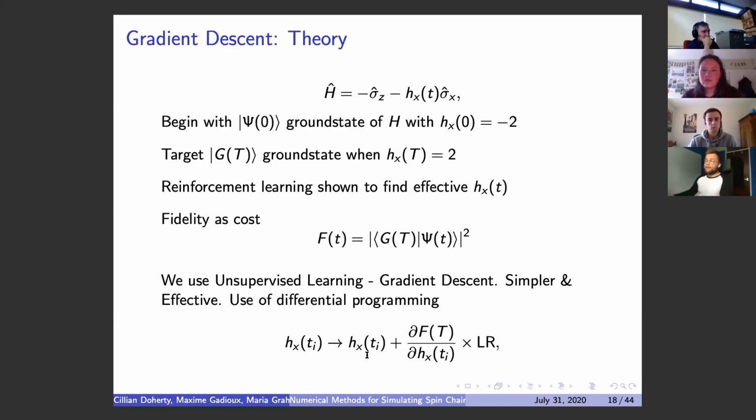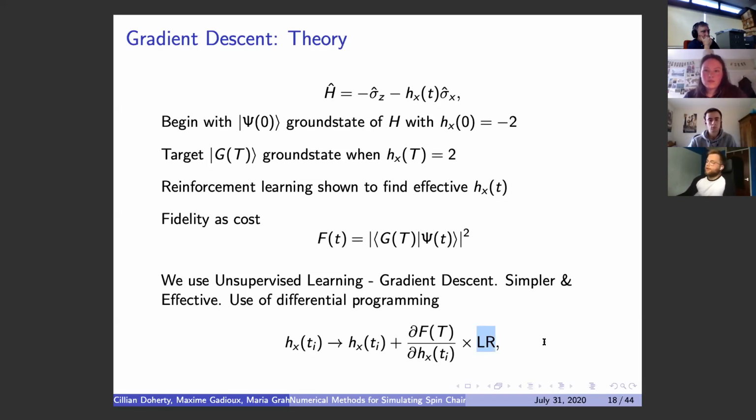And obviously if this is positive, then that means that we move in the direction of the increasing gradient. So we move towards the local maximum and optimize the fidelity so that the final state is close to the target state. And if it's negative, then that means that we move away from the local minimum and still we move towards the local maximum.